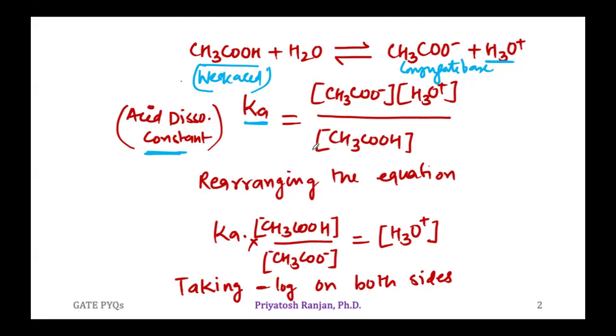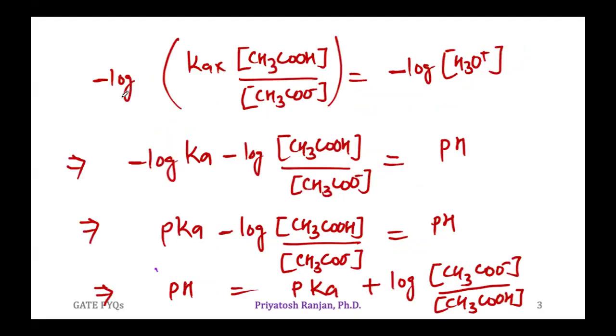Now I can rearrange this equation, K into concentration of CH3COOH, and in the denominator I can place acetate ion equal to hydronium ion. I can take negative log on both the sides. I'm just rearranging this equation so that I can come up with the Henderson-Hasselbalch equation. Now, when I'll take the negative log on both the sides, I can write it in this way.